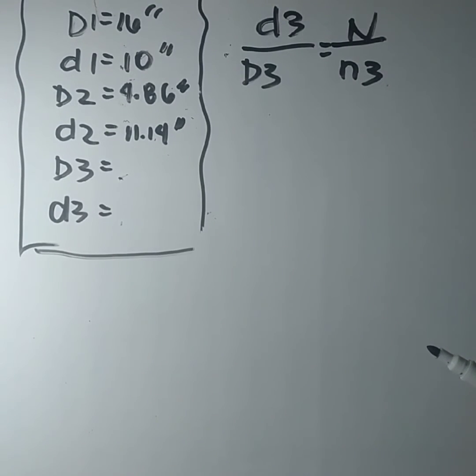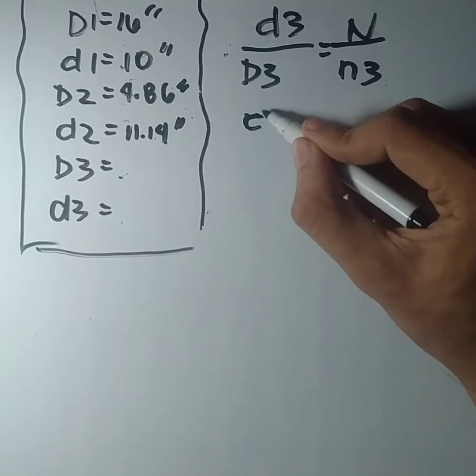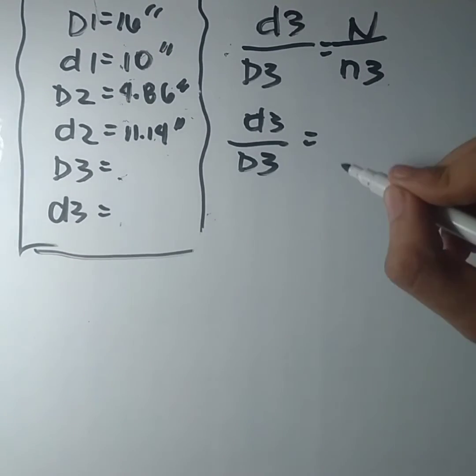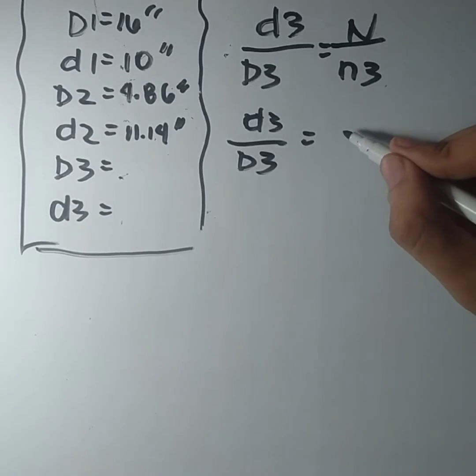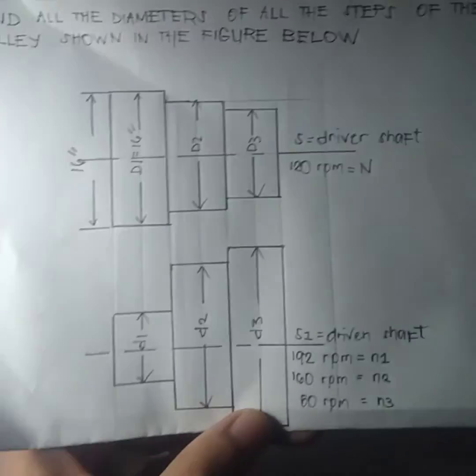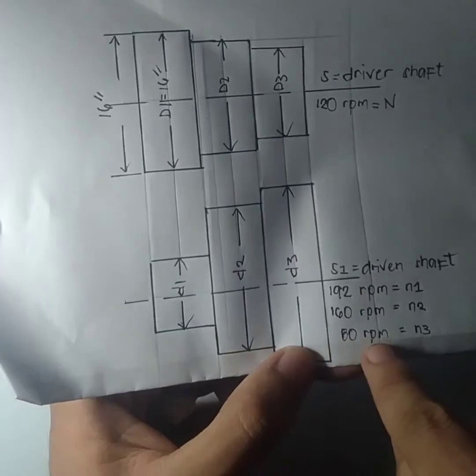So, substituting the value, D3 over D3 is equivalent to 120 RPM over, for our N3, 80 RPM.